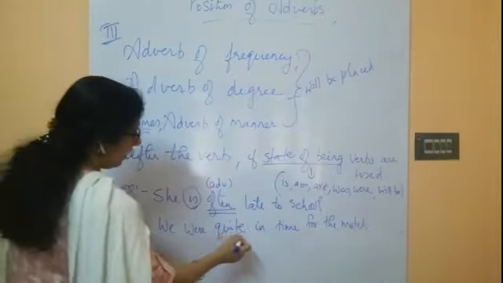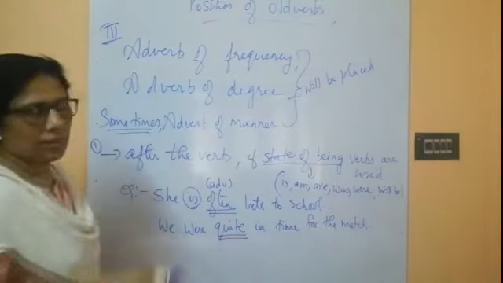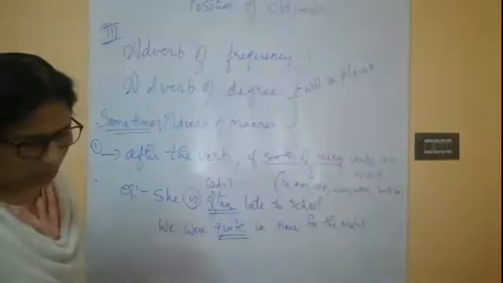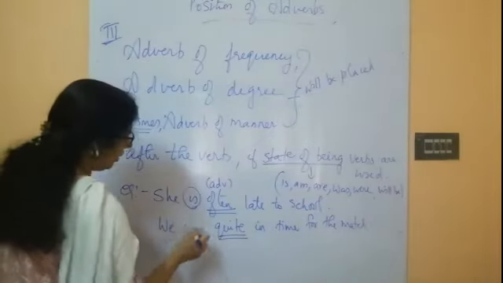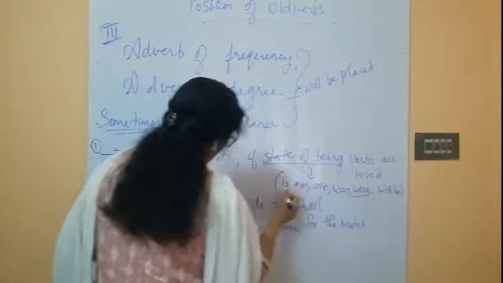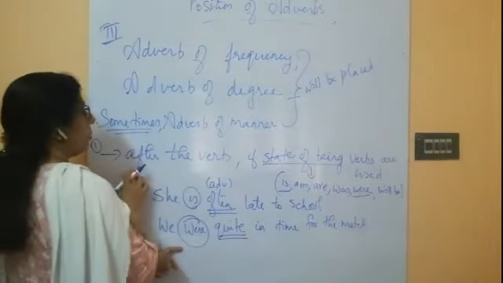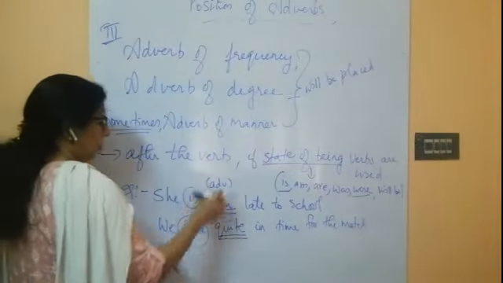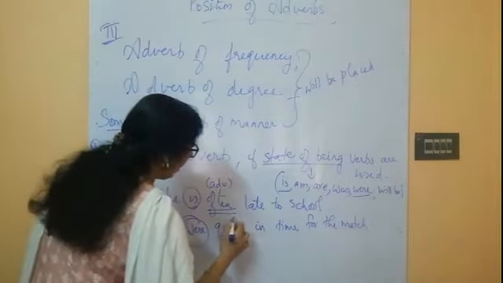What is the meaning of this quite? That means the correct time, almost the correct time. Here also we can see the state of being verb is there. So after the verb, you have to place the adverb.